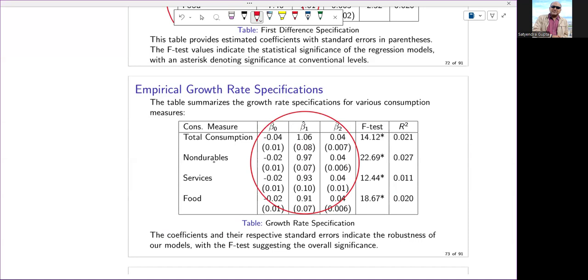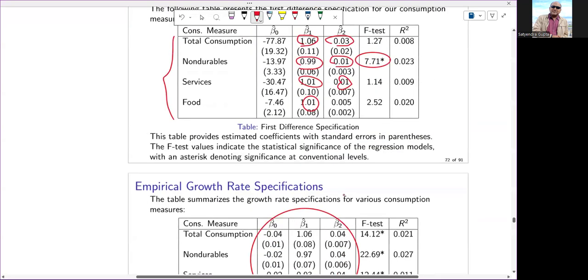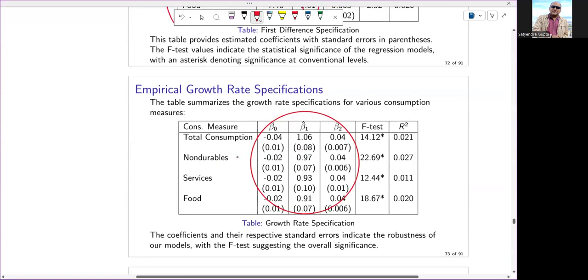So in the empirical growth model, it fails on the joint hypothesis in many cases, or in the cases I have taken here, in all the cases, right? I took them just to make them symmetric: total consumption, non-durables, services and food, similar things, but you can check the paper for all the 12 cases. In some of the cases, even the joint hypothesis says that it is satisfied.